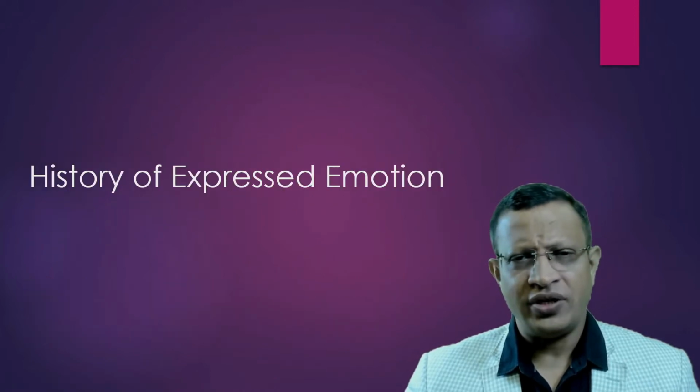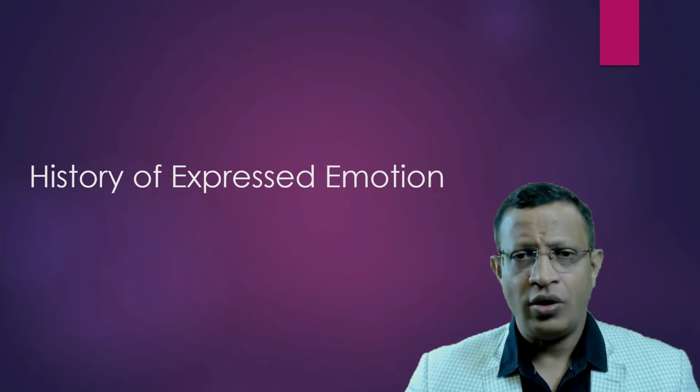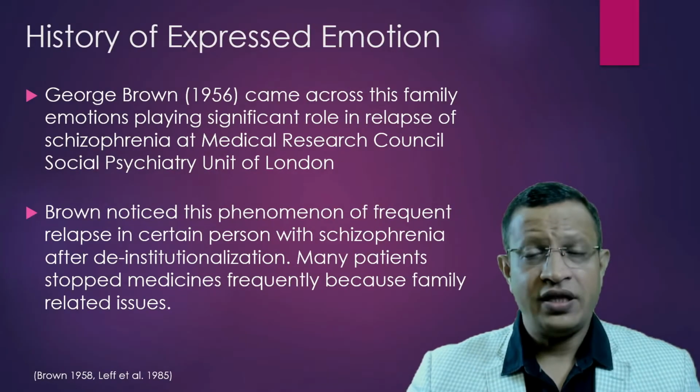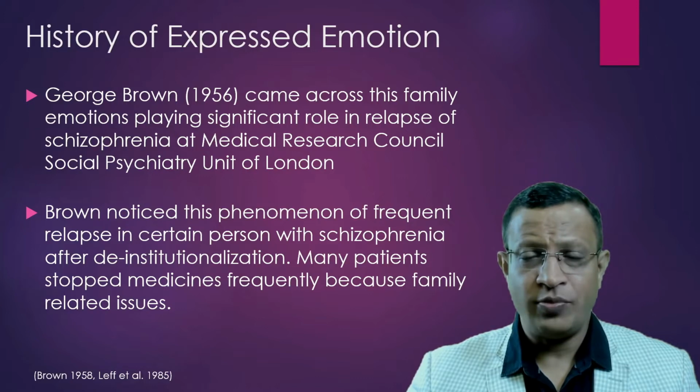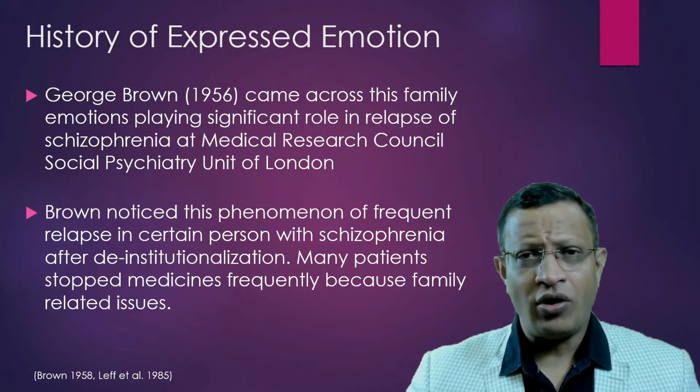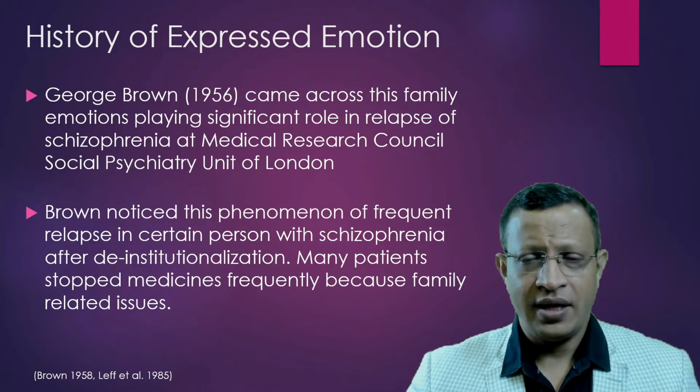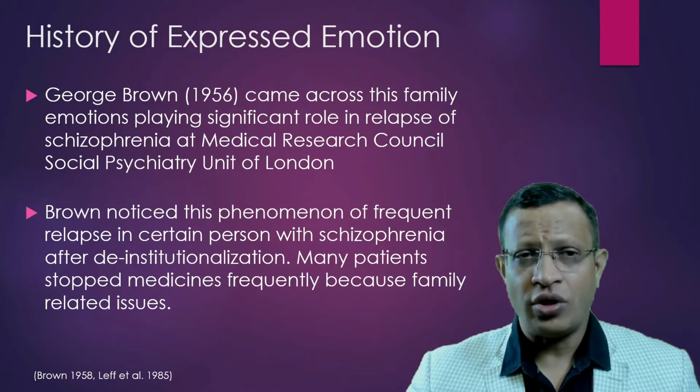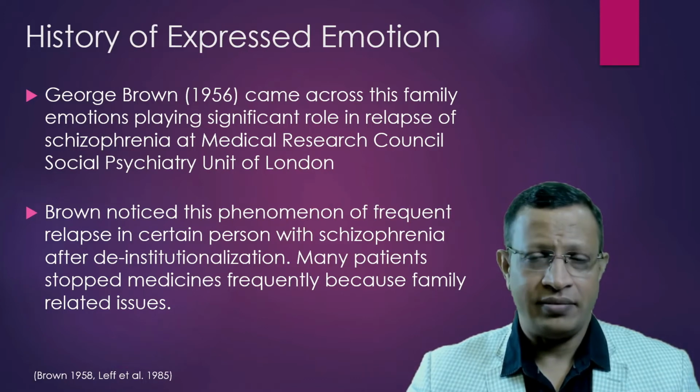Let's look into the history, how expressed emotion originated. The first person to observe expressed emotion was George Brown in 1956. He came across family emotion playing a significant role in the prediction of relapse when he was working in the Medical Research Council Social Psychiatry Unit of London.